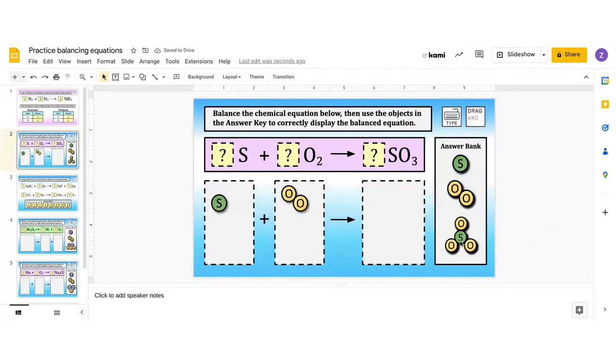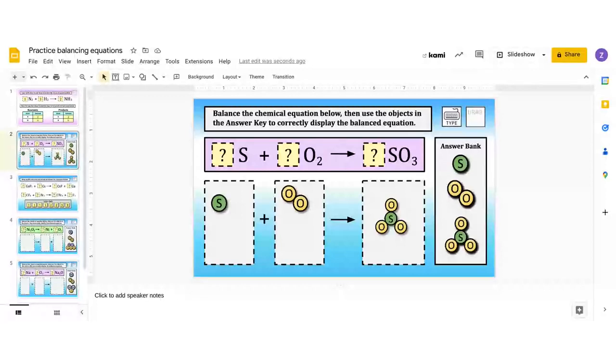And then that SO3 we're going to put right over here. Now, notice that we've got one sulfur. How many oxygens? 2. And it comes in a pair, so we call this one pair. And then we have one S, so we're good with the S's, but we're not good with the what? Oxygen. So we got 3, right?